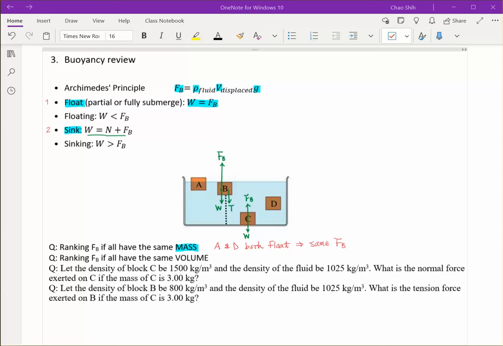When it touches the ground, you're going to have a normal force. And what is the direction of the normal force? The direction of the normal force is always against the object. So it's coming from the bottom of the tank and going up against the block. So your normal force is going in this direction.